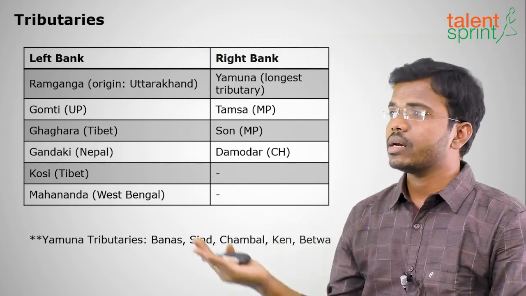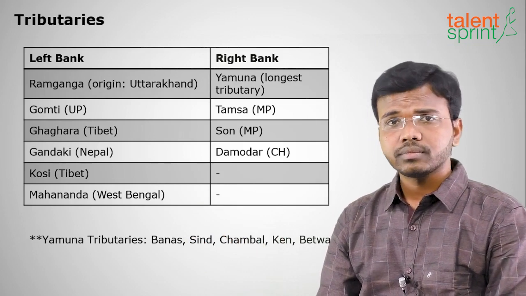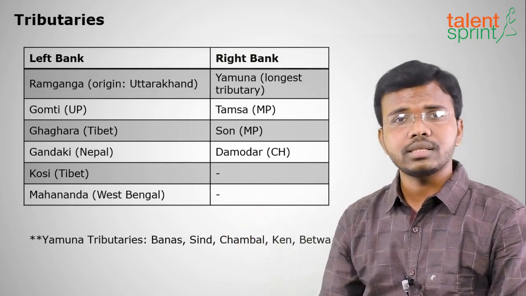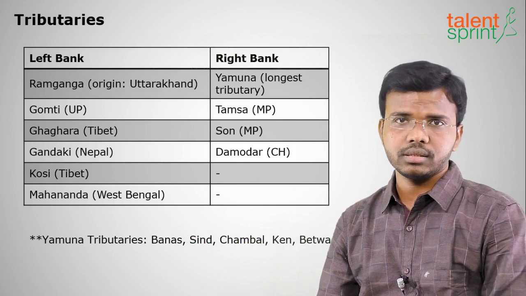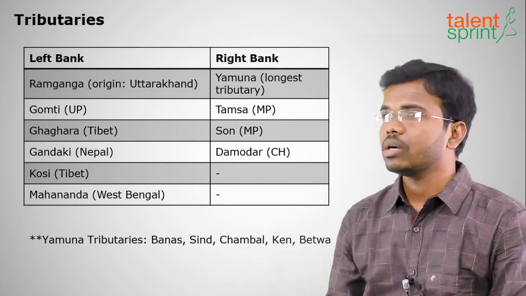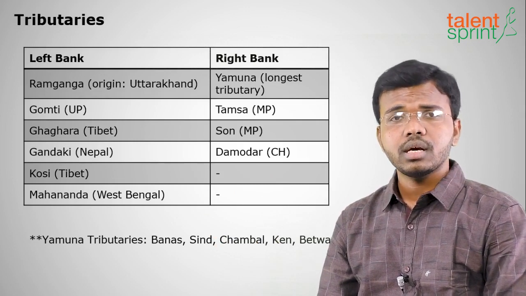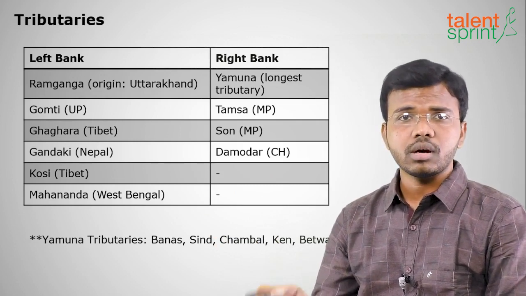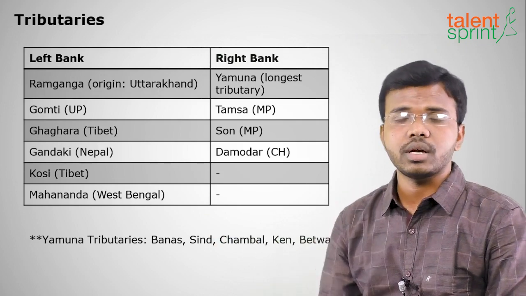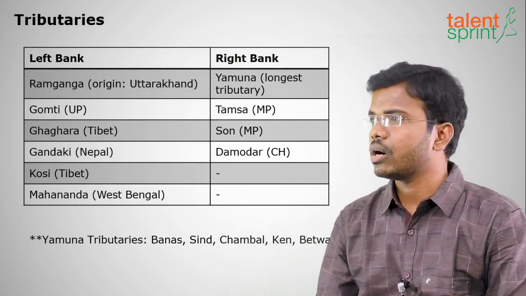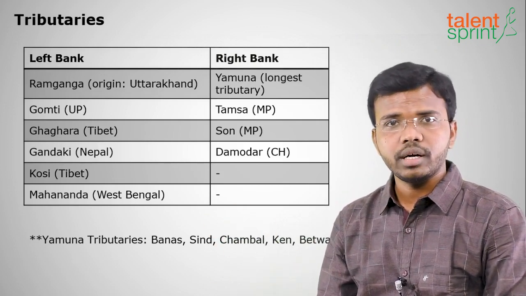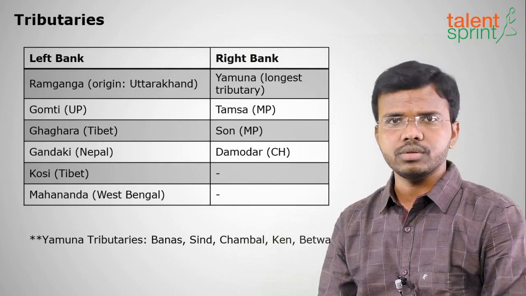On the right side of Ganga we have Yamuna, the largest tributary of the Ganges. Tamsa, Son, Damodar, all these are the right bank tributaries of the Ganges, and Damodar is the sorrow of Bengal because it brings floods to Bengal. Tributaries of Yamuna are Banas, Chambal, Betwa, Sindh, Ken.